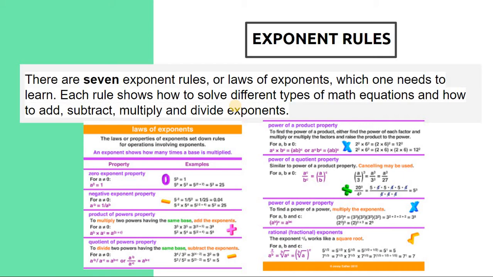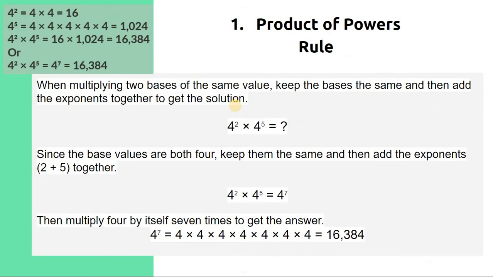Every law should be recognized and understood so it's easier to know what type of operation you will use. Are you going to add, subtract, multiply, divide, etc.? That is stated in the exponent rules. So let's go through them one by one. Let's start with number 1.